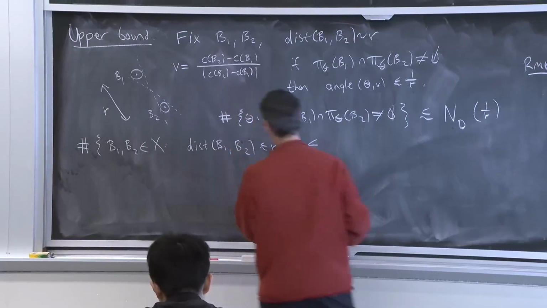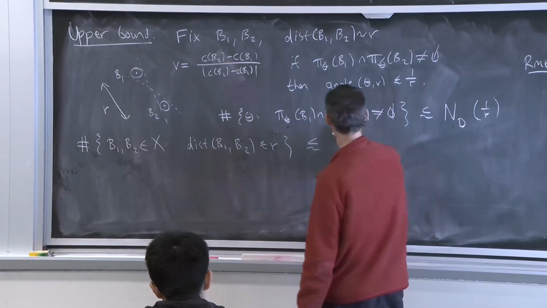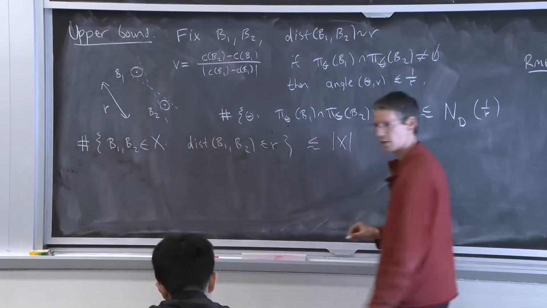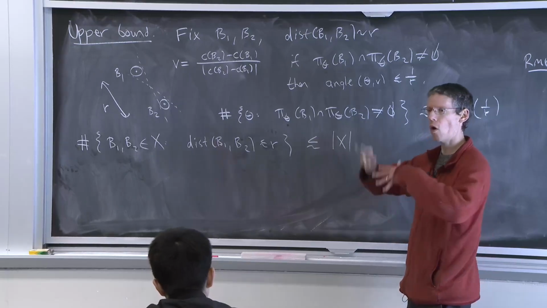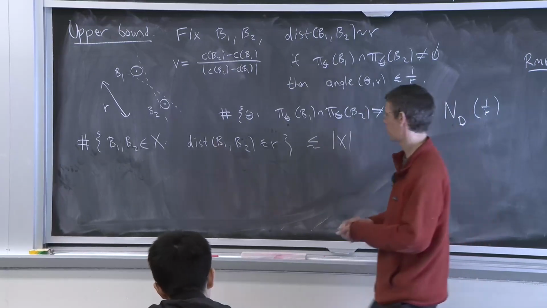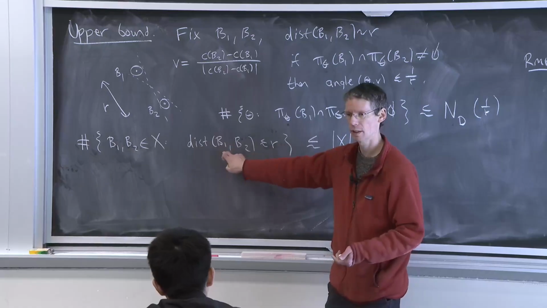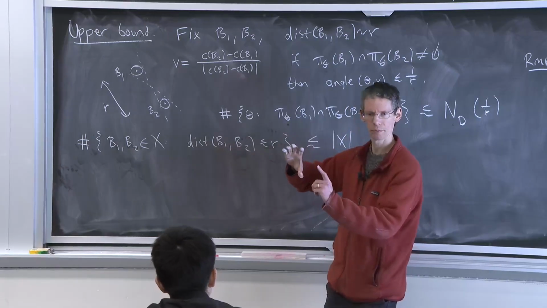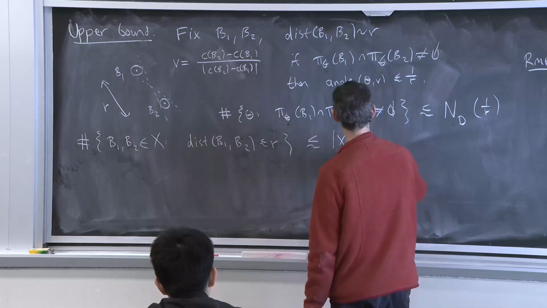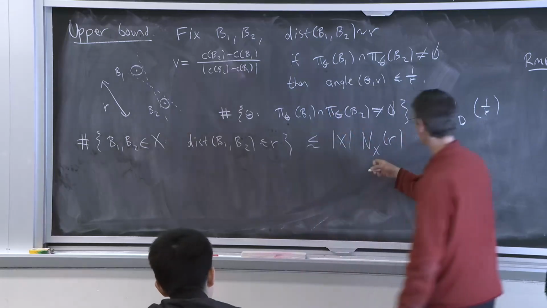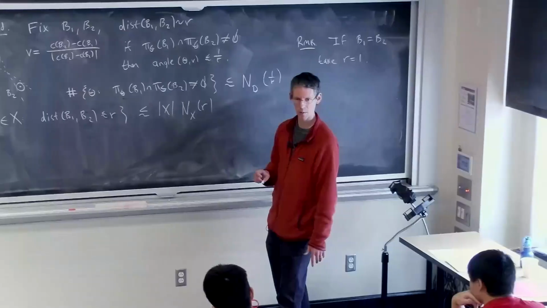OK, how big is that? Well, I have norm of X choices for B1. But once I choose B1, I don't have all that many choices for B2, because B2 has to be close to B1. It has to be in a little r ball. So the number of choices for B2 is at most nx of r. So at this moment, the spacing function of X comes into play.